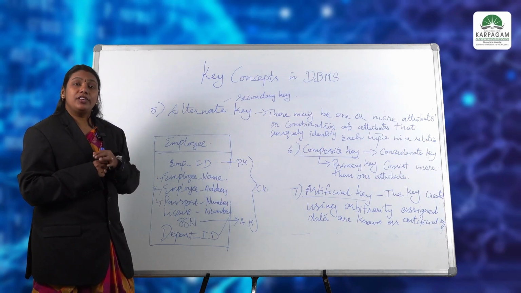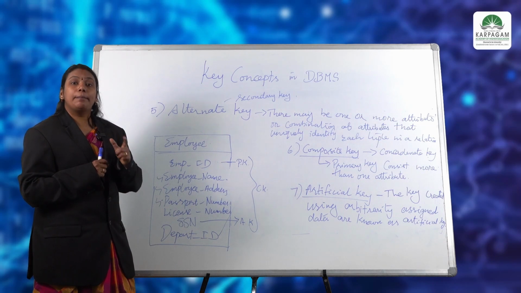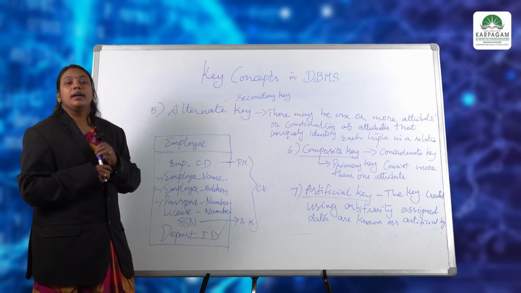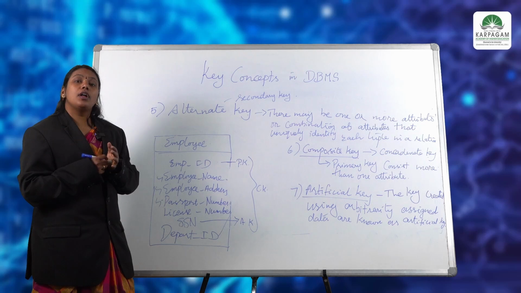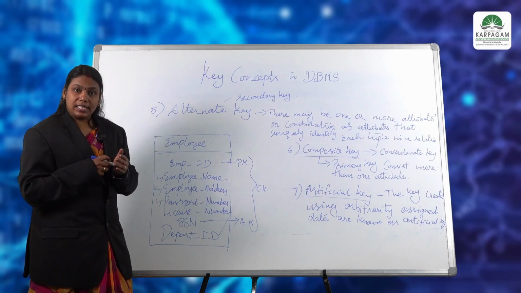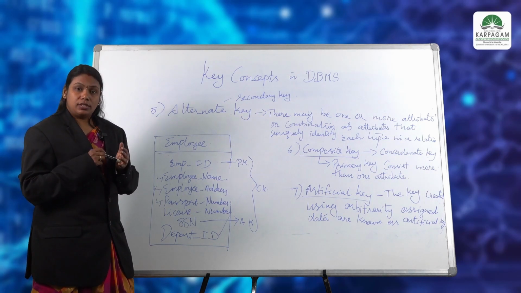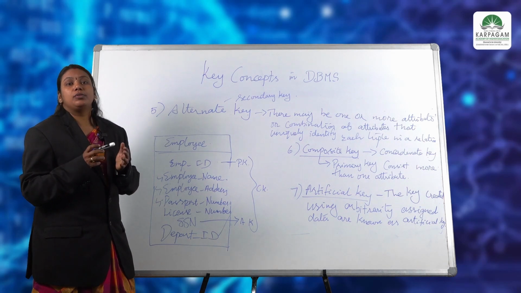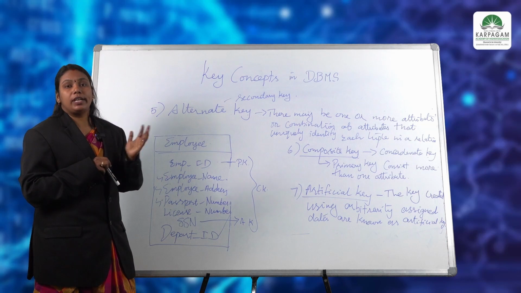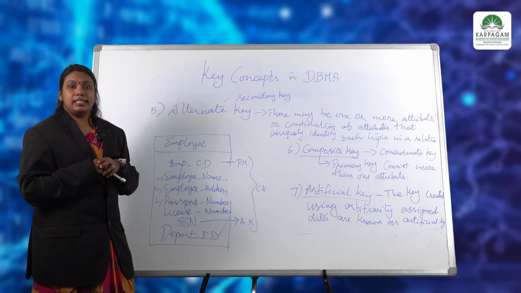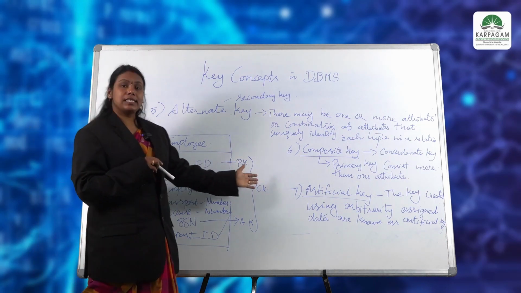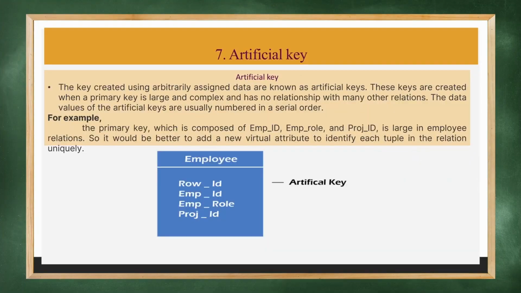But at valuation time, a dummy number appears for each student instead of the register number, and the staff relate the papers to the dummy number. So the staff don't know which student has which register number. That is called an artificial key. Many representations are included in the artificial key.